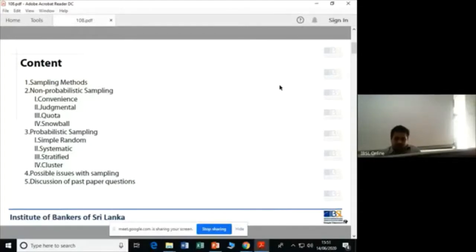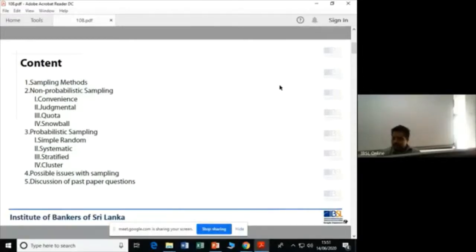The sampling methods we are discussing today are broadly classified into 2 areas. First, we will discuss non-probabilistic sampling techniques. The word itself gives you some idea. That means those sampling techniques will not use probability-oriented models to select our sample.